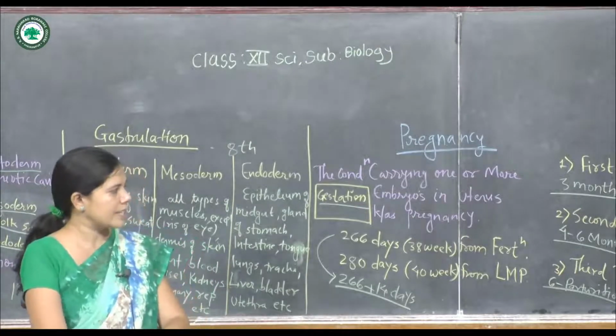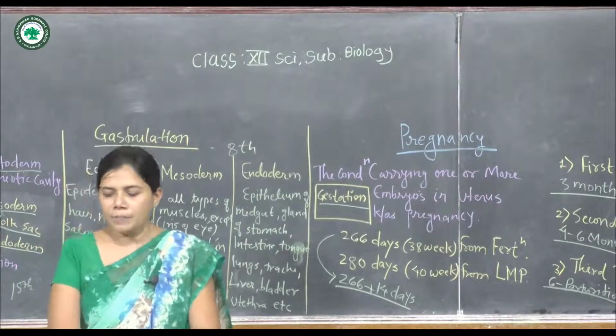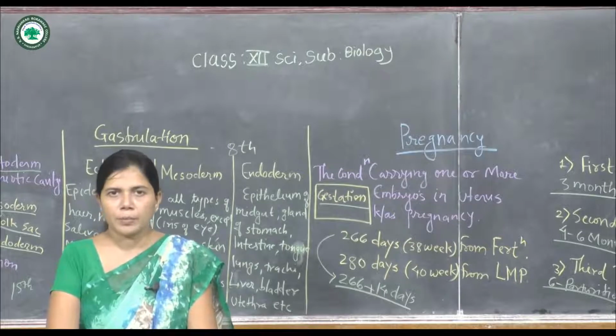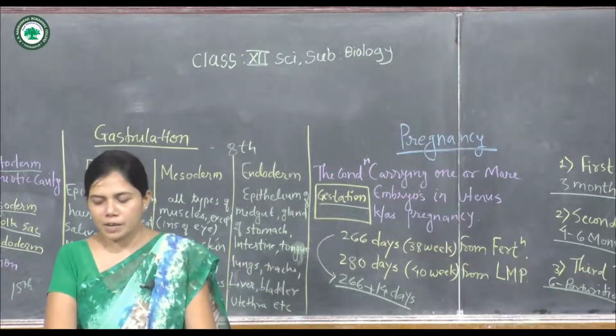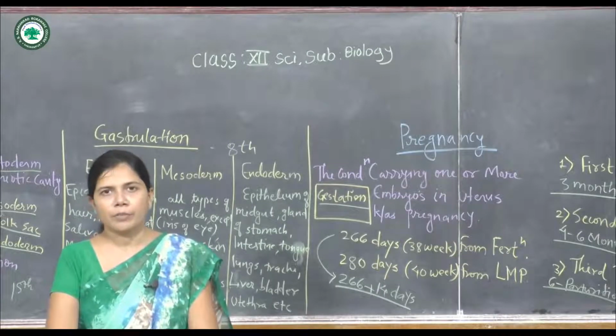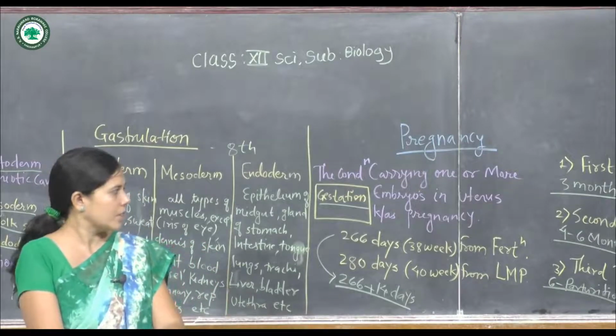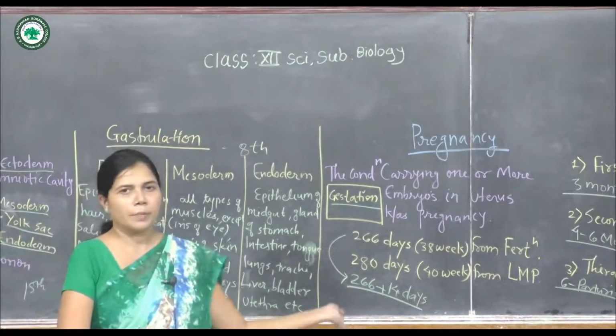The uterus expands and the mother's abdominal organs become compressed, leading to frequent urination, morning sickness and digestive blockage, which are seen in the mother.